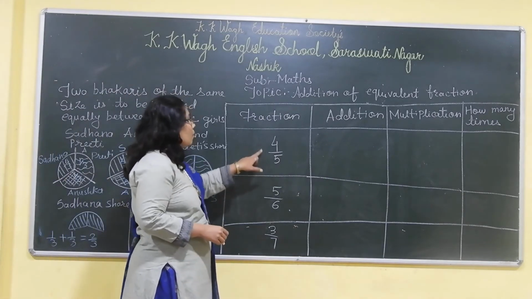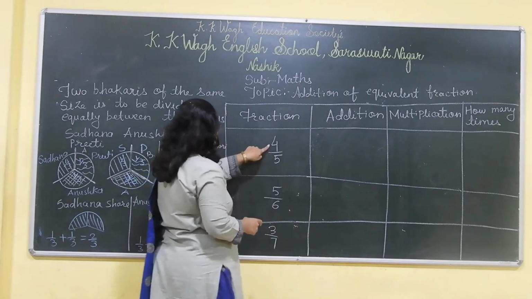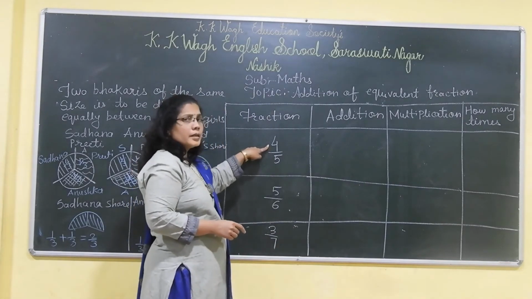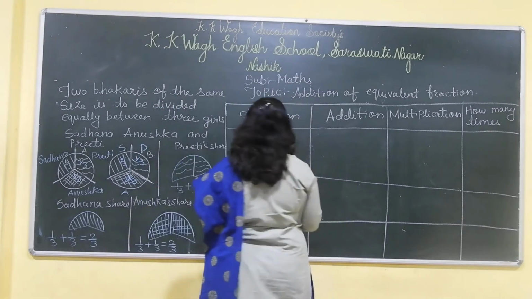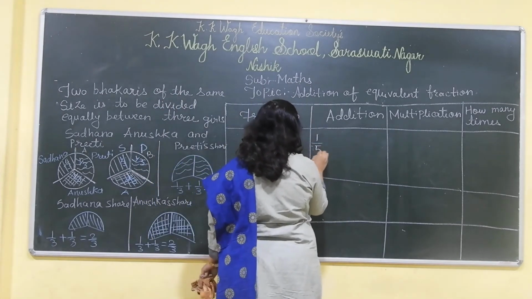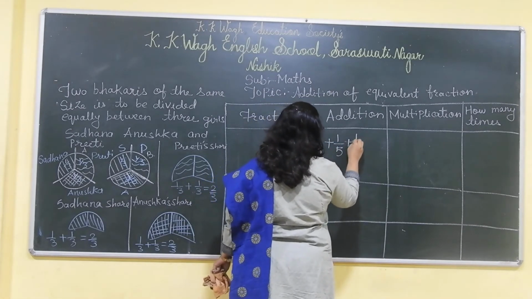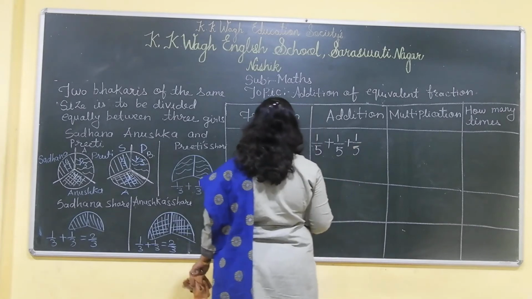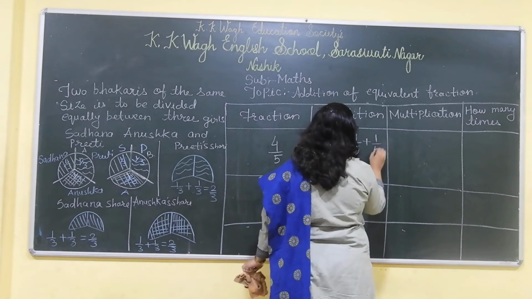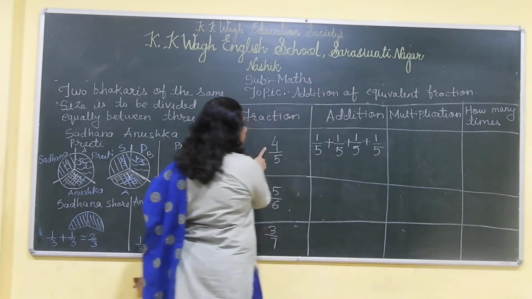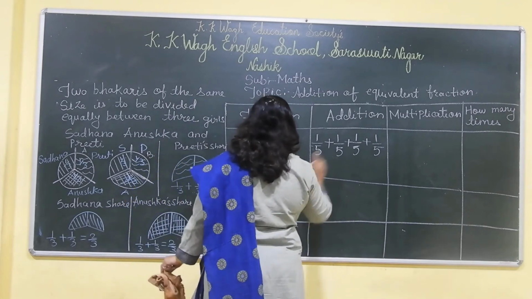Suppose it is 4/5. We will add it as there are 4 parts. You see how many parts are there in total? 4. And the denominator will be the same. We will write it as 1/5 plus 1/5 plus 1/5 plus 1/5, 4 times. Why are we writing 4? Because 4 is in the numerator and 5 is in the denominator.